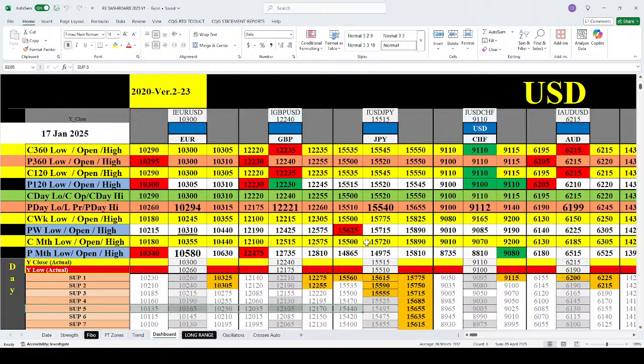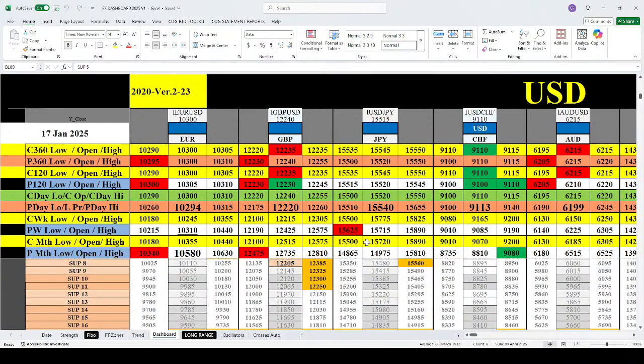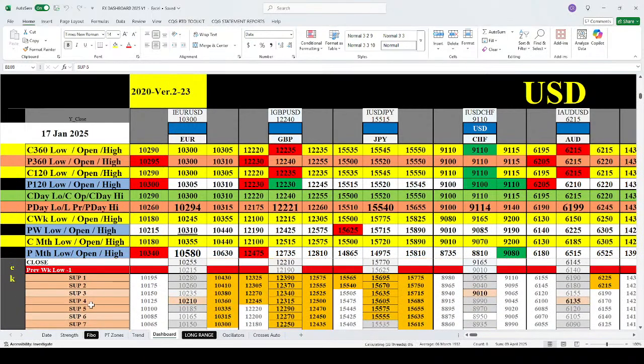Then your previous week SL5 is 154.45. So that means 154.45, 154.70, 154.20. The market should hit a base anywhere within those levels. Based on that, we will give you a projected go for a buy and sell, and that's how we do things.